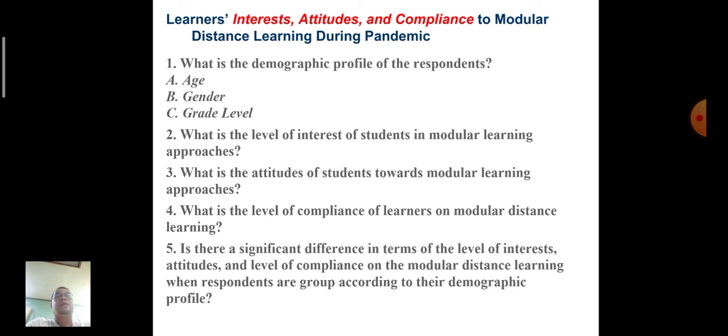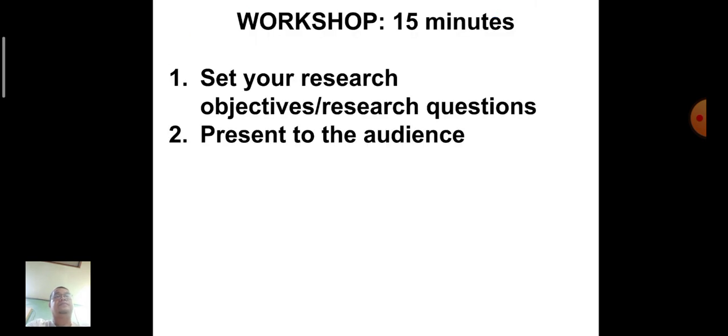Then you have specific questions 2, 3, 4 with regard to interest, attitudes, and compliance. Then you have number 5 as well. Then number 6 could be about developing a program after finding the results or having collected data or information from the research questions.